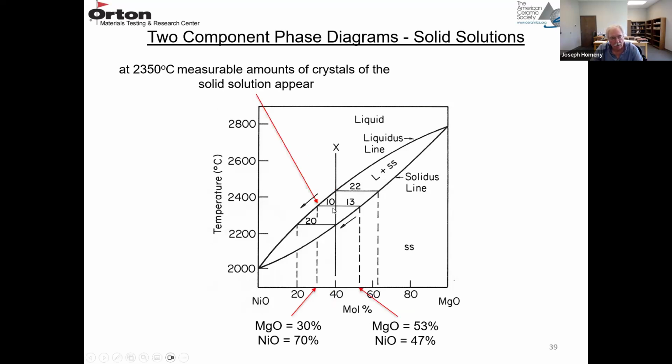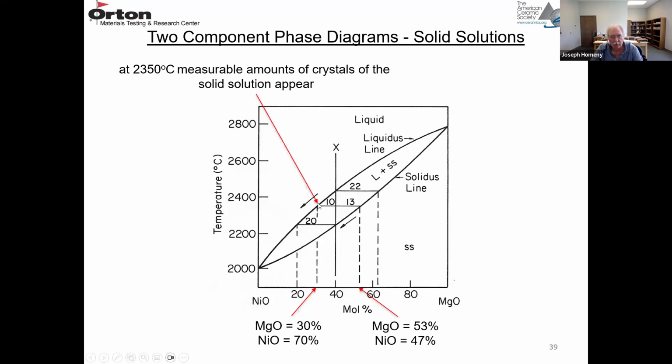So if we go down to even lower temperature, 2350 degrees C, we're right here. This point is now 30% MgO and 70% NiO. And then this point right here is about 53% MgO and 47% NiO.